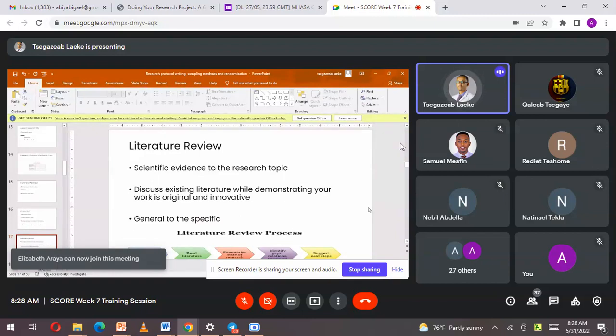So one of the things we see is proposals being written about studies that are done on the other side of the world. People write about studies that are done in Europe, in the US, and so on.